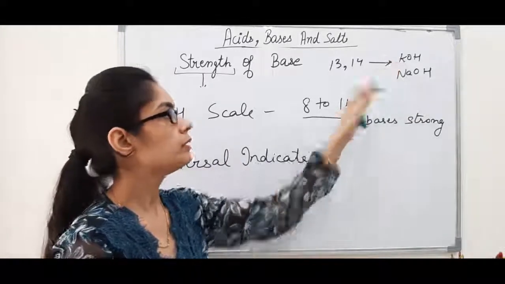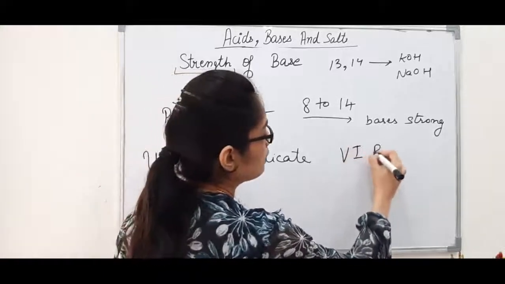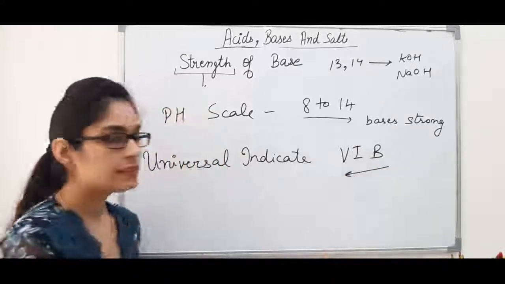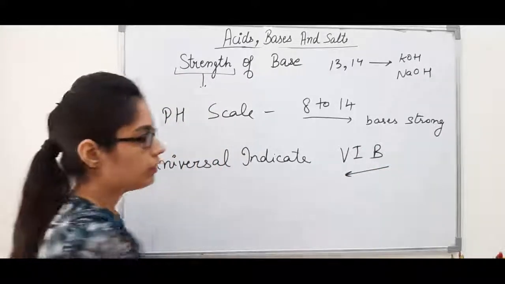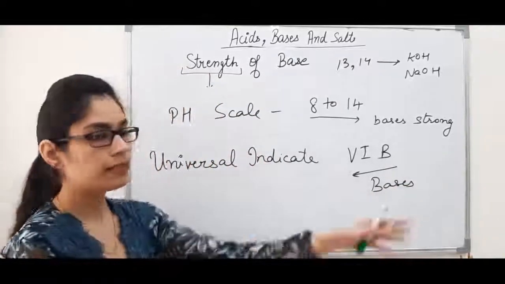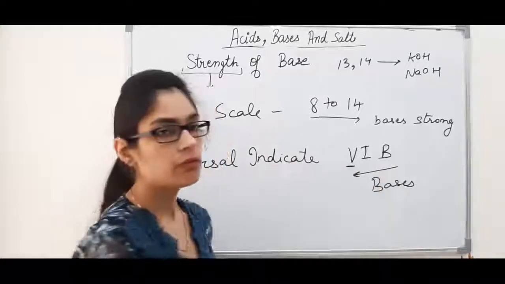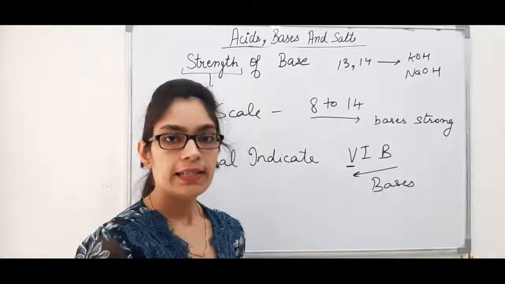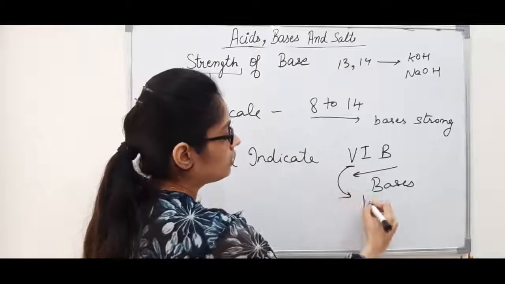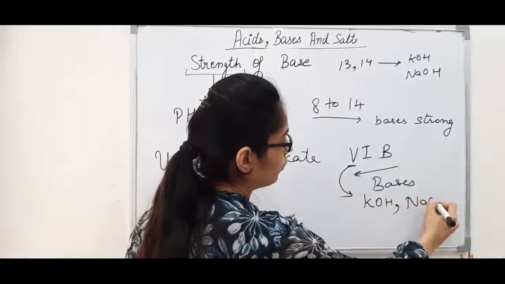And in universal indicators, these three colors, violet, indigo and blue, indicate the presence of a base. So here if we go from right to left, the base will become strong. For example, if you get violet color, it will indicate the presence of a strong base, which means your base will be either KOH or NaOH.